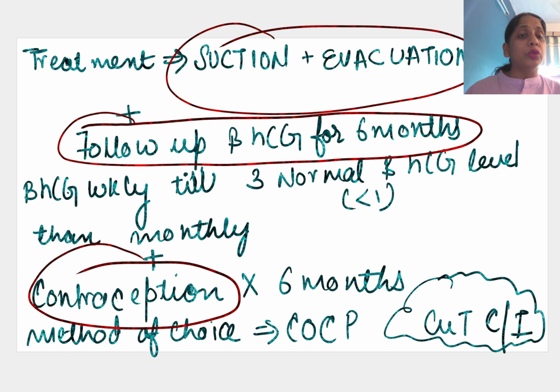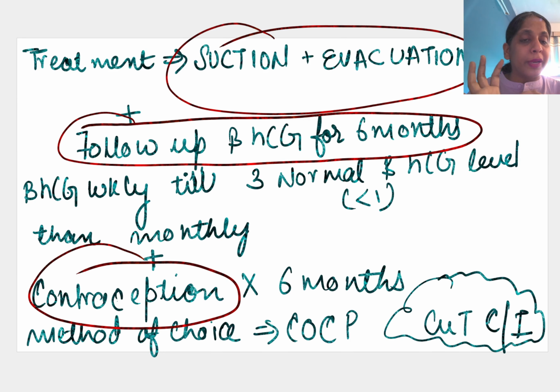Because hCG increases in pregnancy, and hCG will also increase in this patient if it changes into malignancy. So we don't want to be confused with pregnancy hCG. We want to see whether it is changing into malignancy or not.